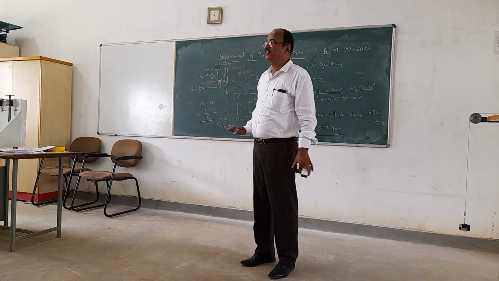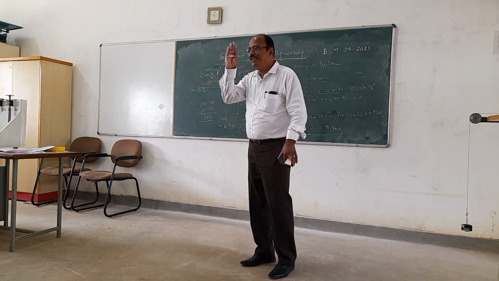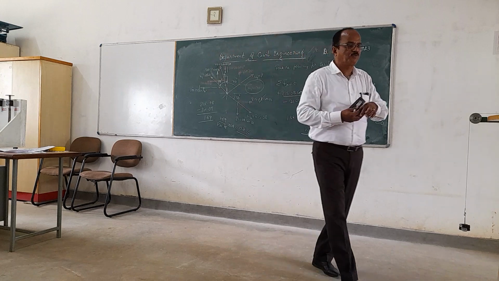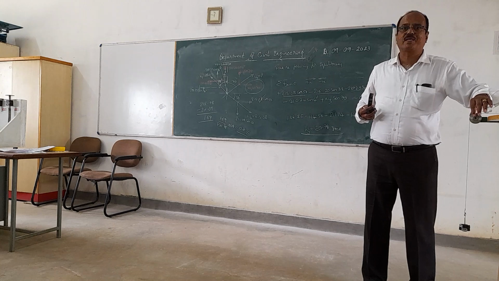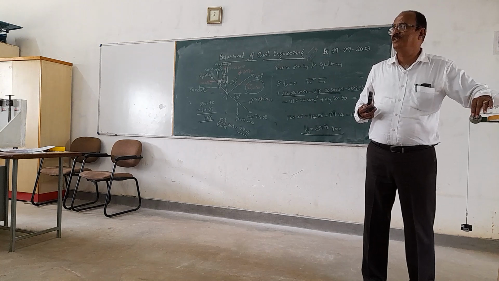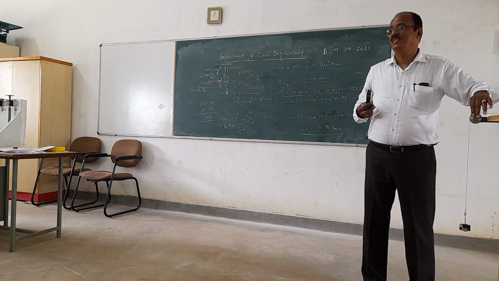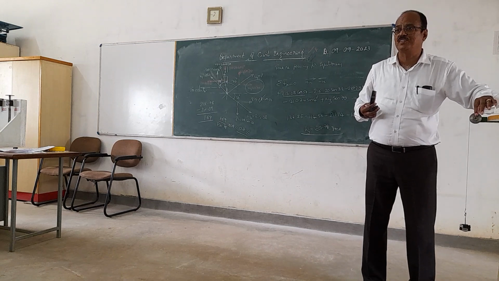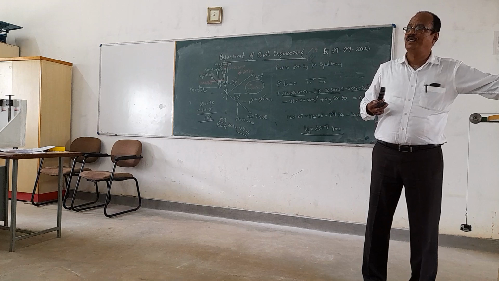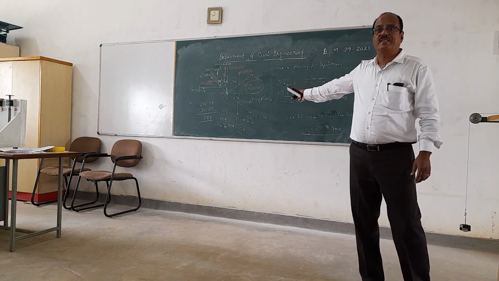Why is there a difference? These are supposed to be frictionless pulleys and thread, but in practice the pulley is not purely frictionless, so some friction occurs. Therefore the weight applied is different, and hence this error.